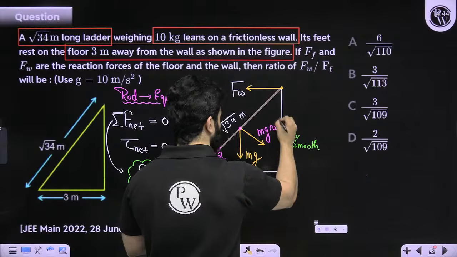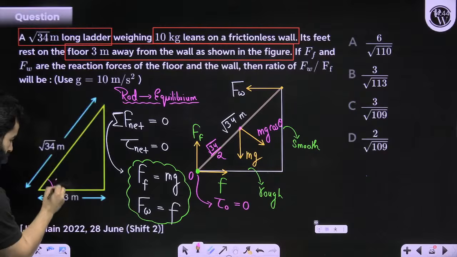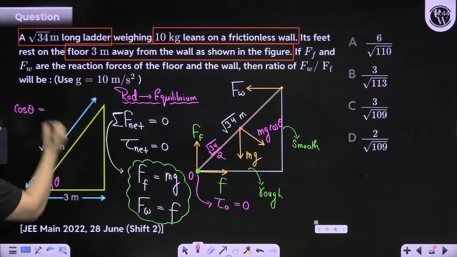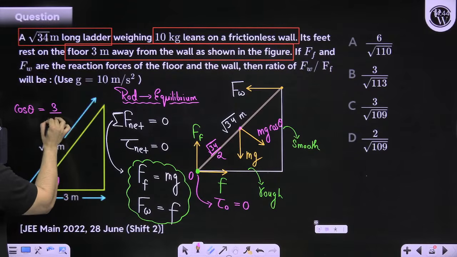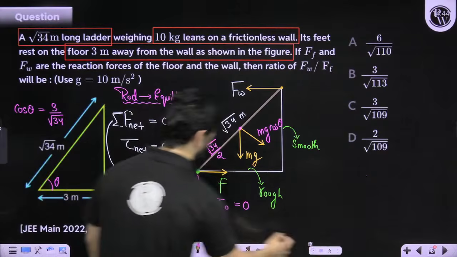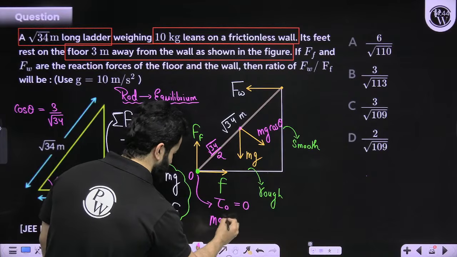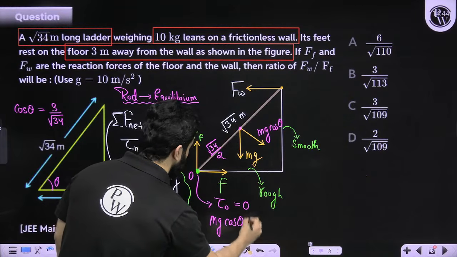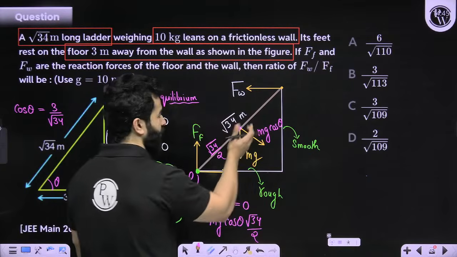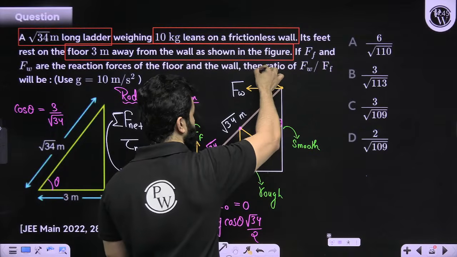mg cos theta. And by the way, we can easily find out what this angle is going to be. If you want us to find out, cos theta will be simply base divided by root 34, right? So we are going to write, first is mg cos theta multiplied by root 34 divided by 2, and then the opposite torque will be applied by this, and this is going to be something like this, my dear friends.